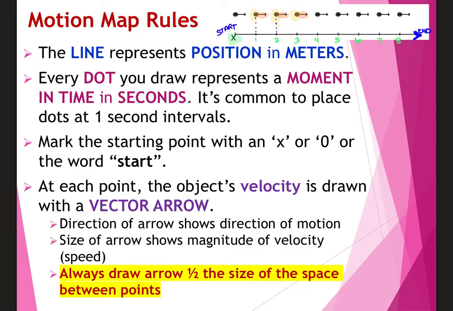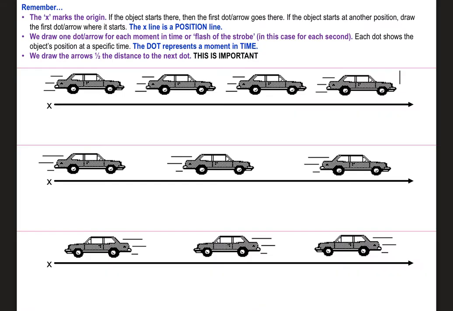The number one way to get an orange instead of a green on a worksheet or on something involving a motion map is to make your arrows too long or way too short, because we want them halfway between the dots for a reason. So let's take a look at what this actually looks like in practice.